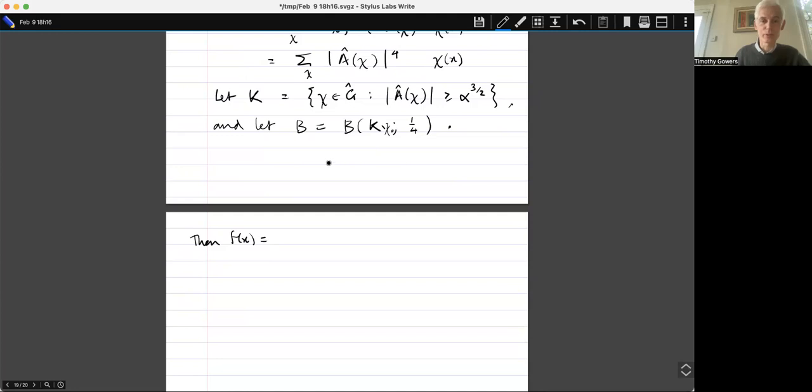So we get alpha to the 4th times 1, so let's just put that in, alpha to the 4th, plus the sum over all chi in B of A hat of chi to the 4th chi of x, plus the sum over all chi not in B and chi not equal to chi 0 of A hat of chi to the 4th chi of x.